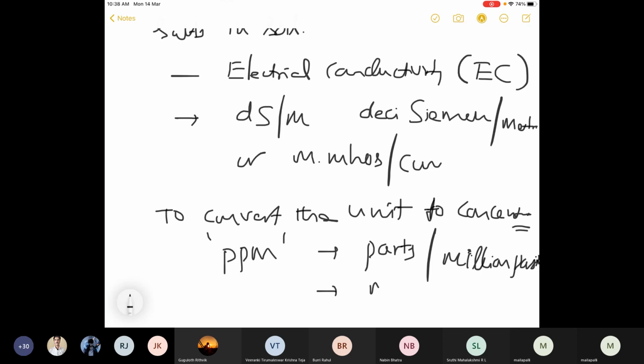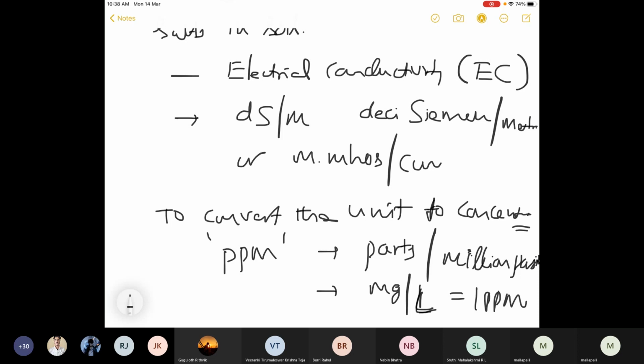So it's also denoted with milligram per liter. So in 1 liter, if you add 1 milligram of sugar, and if you mix it well, the concentration will be 1 milligram per liter, or that will be 1 ppm. Okay, that's a simple indication. You have a glass of 1 liter of water and add 1 milligram of salt or sugar, then stir it, and the concentration of salt or sugar will be 1 milligram per liter.